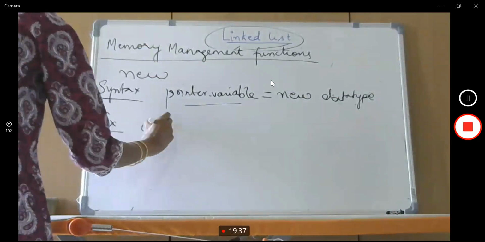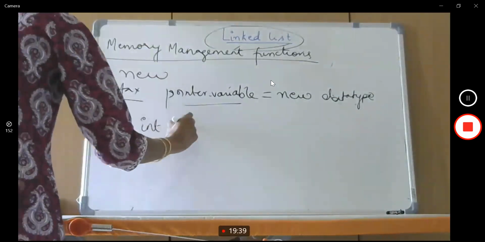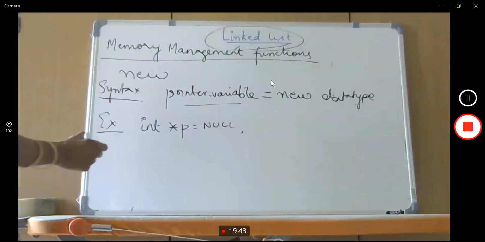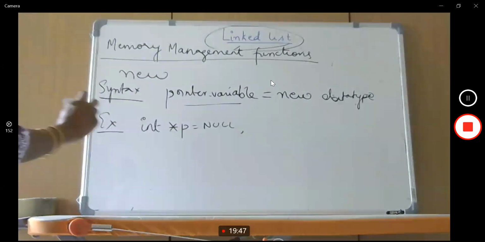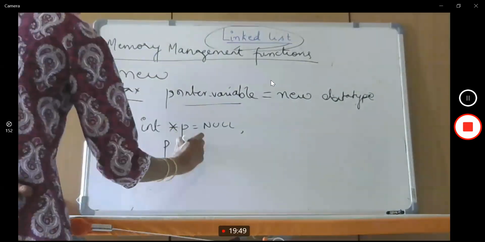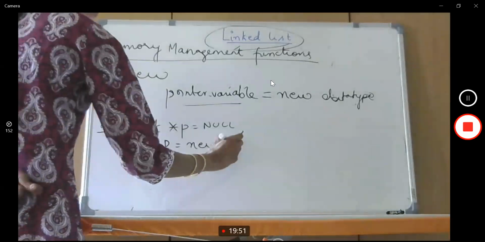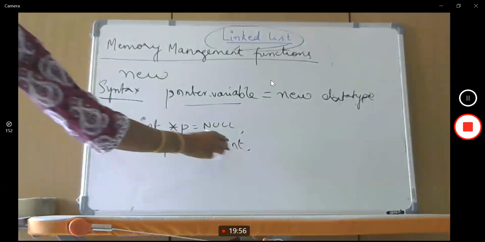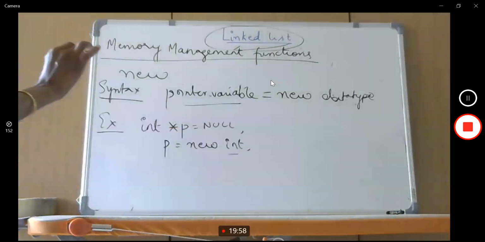int *p. What am I doing? I am taking a pointer variable. It is initialized to null. Then I will write p is equal to new int. In this particular line, you are requesting the memory for the variable.